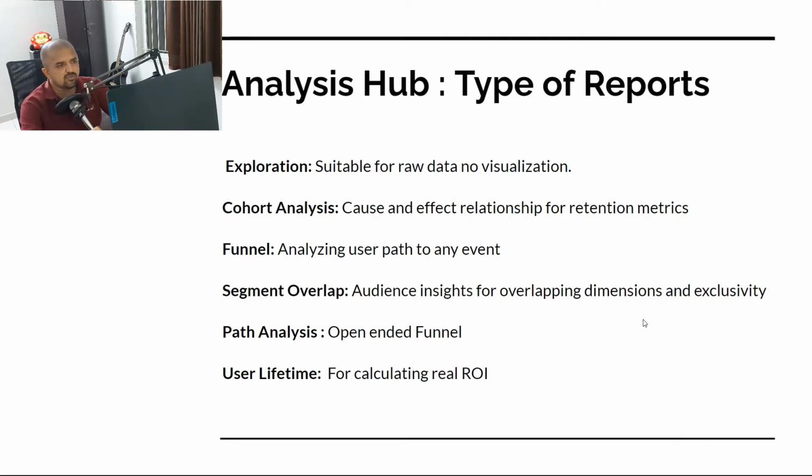So let's just go through what type of reports are there in Analysis Hub and what is the use of each of these reports. So the first report that we are going to look at is exploration report. Exploration report is suitable for raw data analysis. This does not provide you any visualization of any graphical interface, pie chart, bar chart, or anything like that. This is pure data, raw data, which can be used to export to your spreadsheets or something like that to do further analysis.